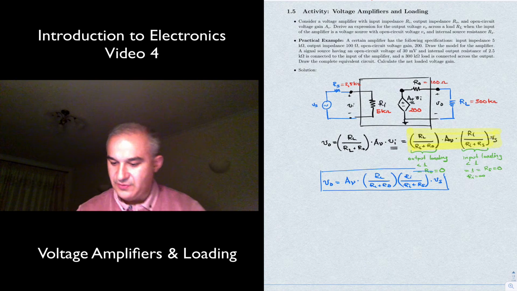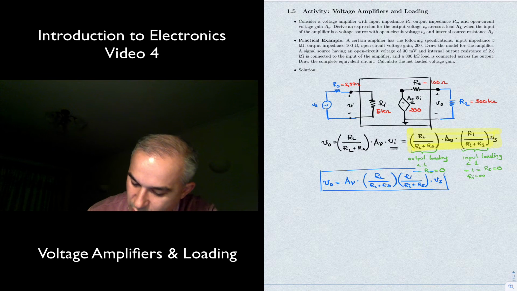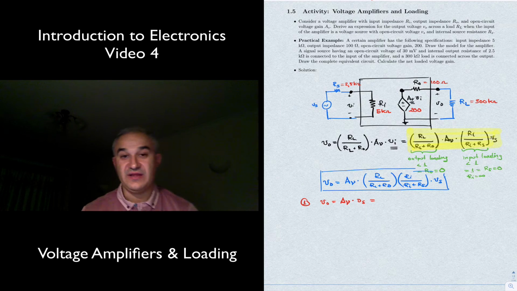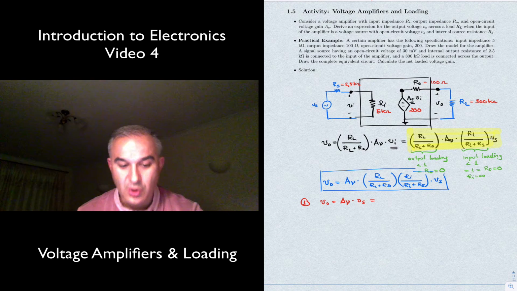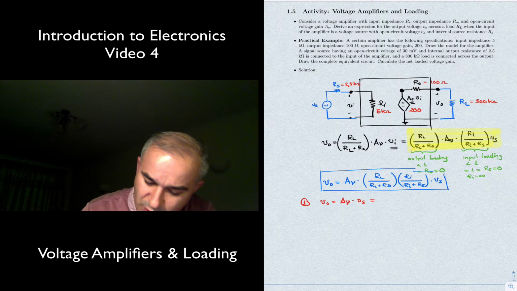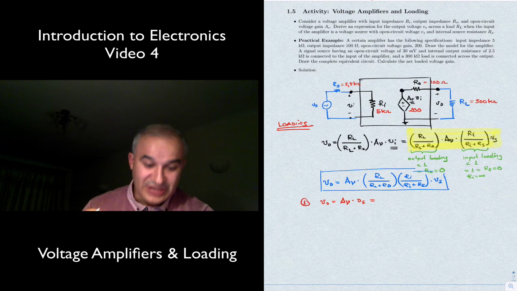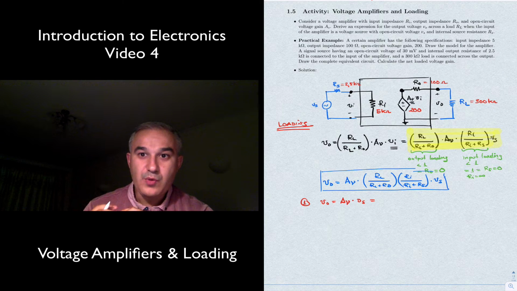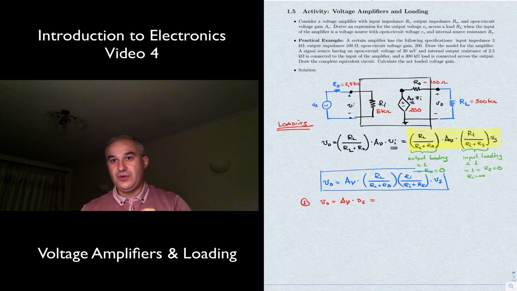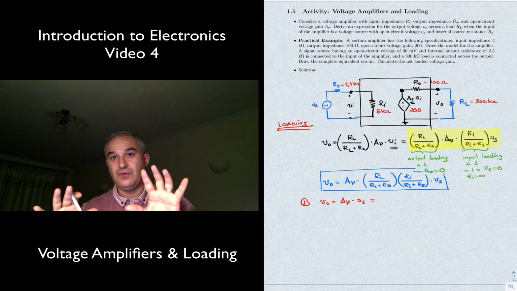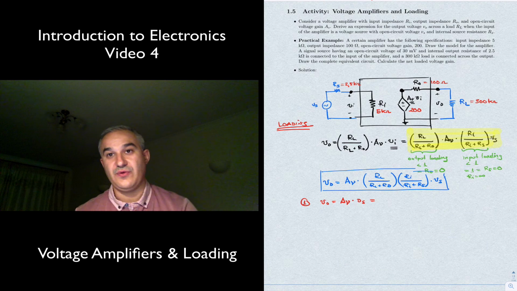Okay, so before doing this analysis, ideally, what will we want? Ideally, we will want the output to be equal to AV times the source. This will be the ideal if we didn't have any loading. By the way, loading. Let's have a working definition for loading here. Loading is a reduction in a voltage level, right, at any point due to the relative value of the resistive network that you have, or the impedances.